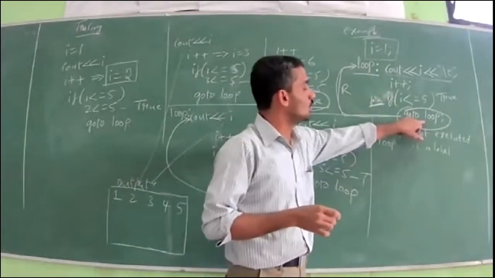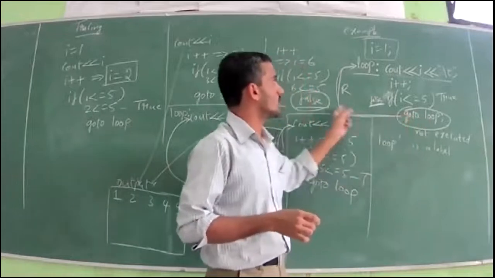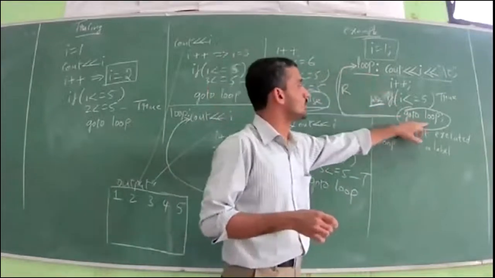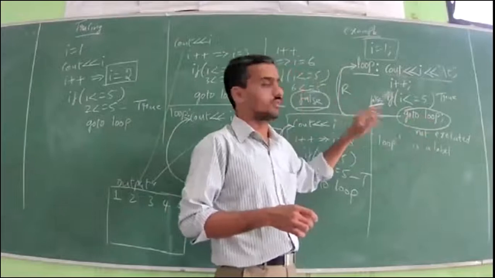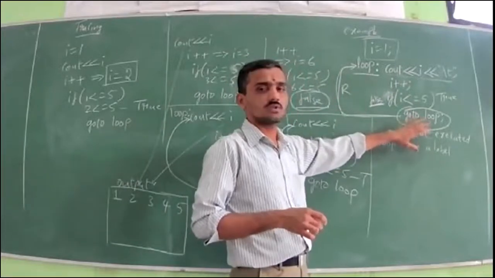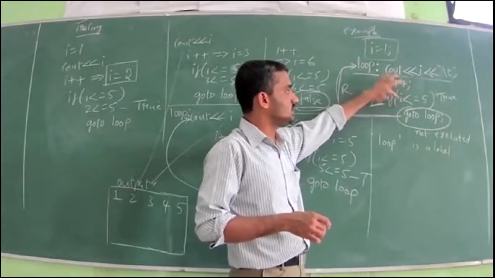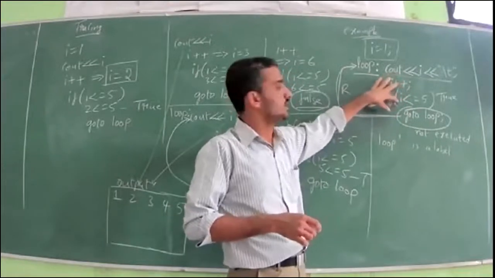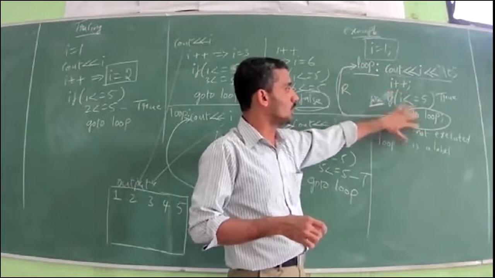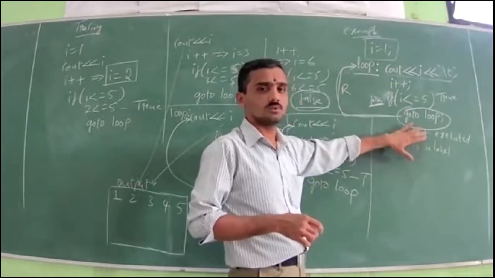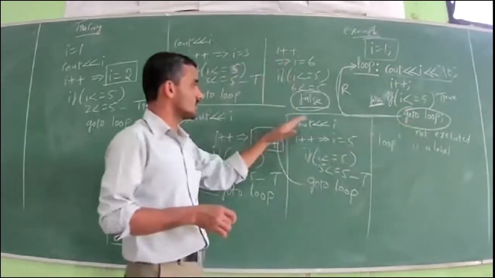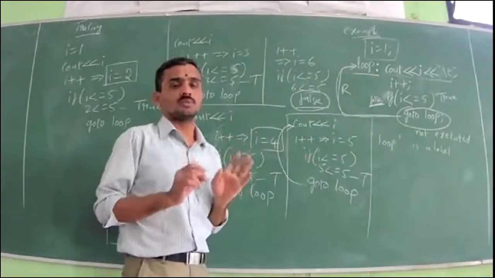Only when the go to loop statement is executed is program control transferred back. When the go to loop is not executed, the program stops. So when the i value is 6, the condition will be false, and the go to loop statement is not executed. In the tracing, don't start writing again from the first statement. You have to stop there.